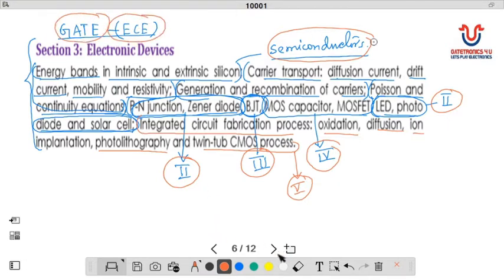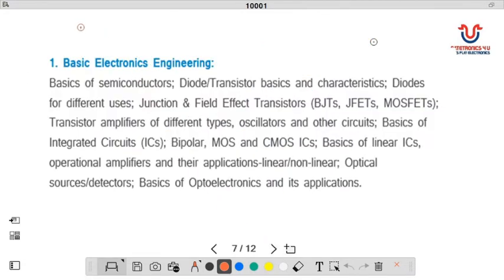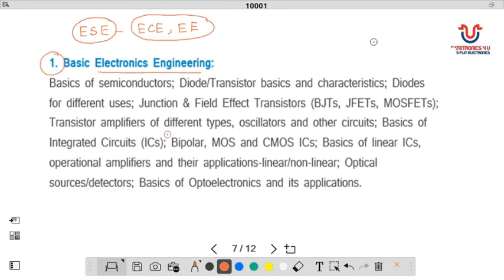Now let us see the ESE syllabus. This is the syllabus for the engineering service examination for ECE as well as electrical engineering. This is the basic electronic engineering part.